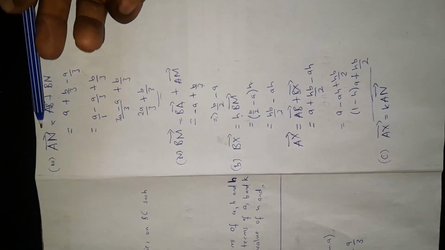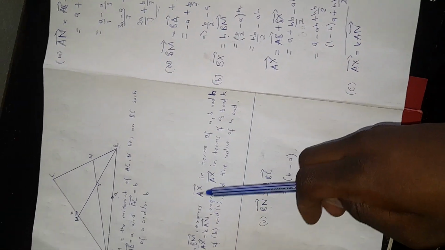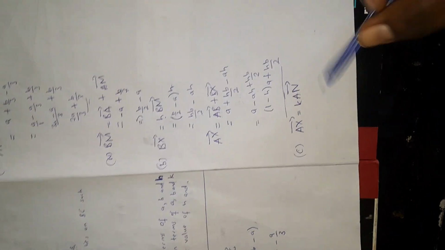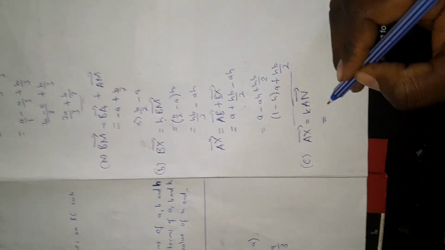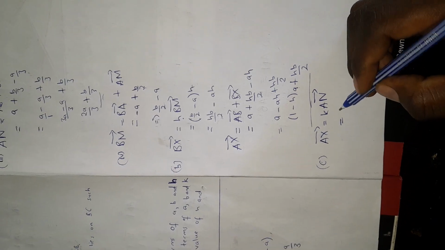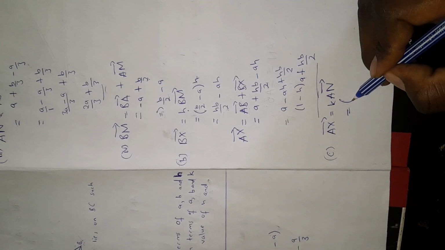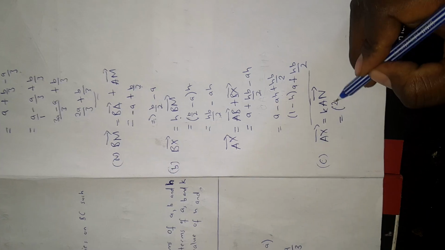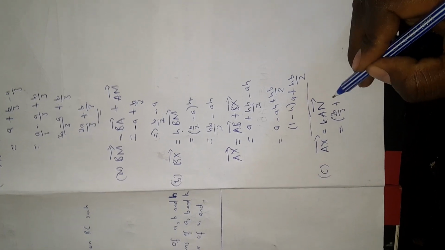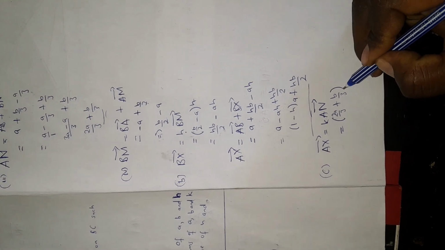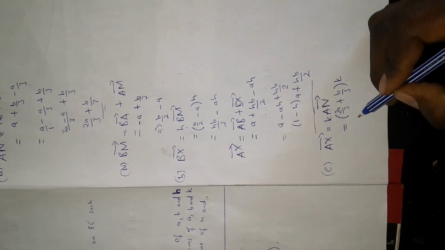If you look here, I've already calculated AN. So you're going to use the answer for AN to express it in terms of A, B, and K. So if I come here, I put my AN here, 2A over 3 plus B over 3, times K. Then I will break the bracket.